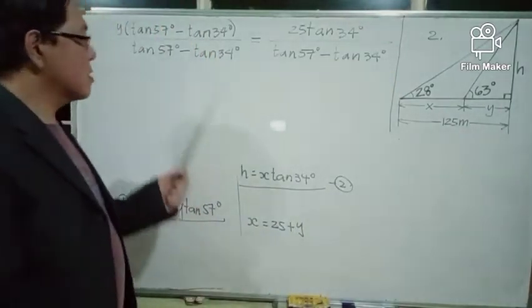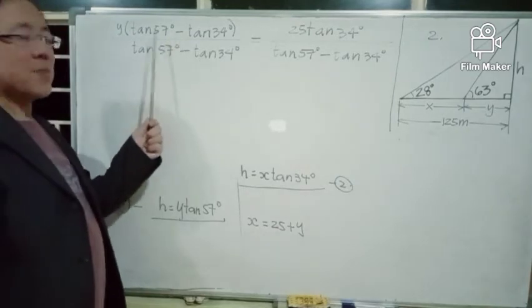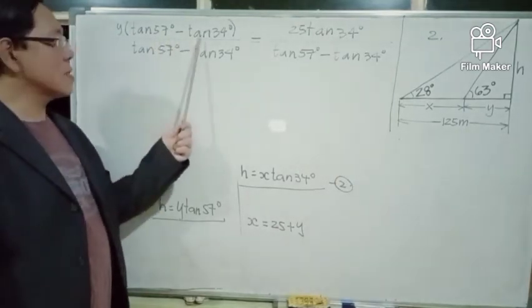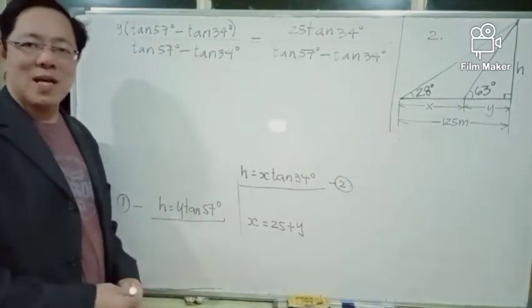On the left hand side, the difference of tangent of 57 degrees and tangent of 34 degrees will cancel out.